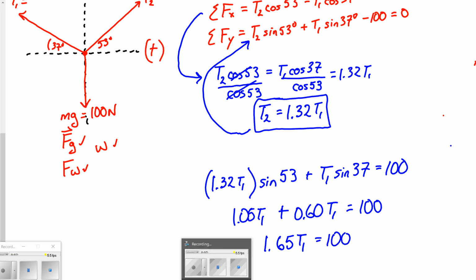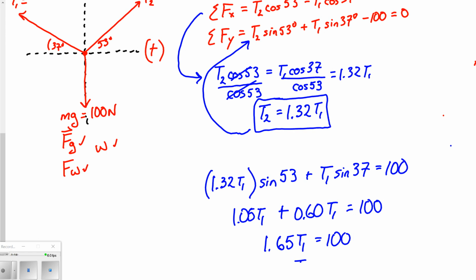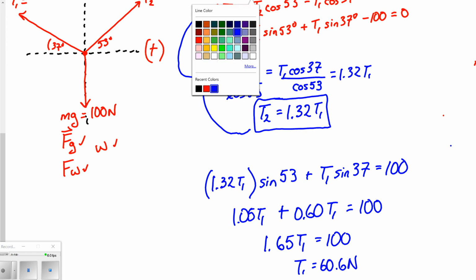So just out of curiosity, 100 divided by 1.65 is 60.6 repeating, so T1 is 60.6 newtons. And now if you want to find T2, let's go back.